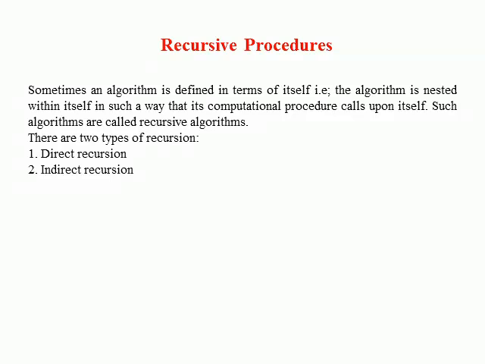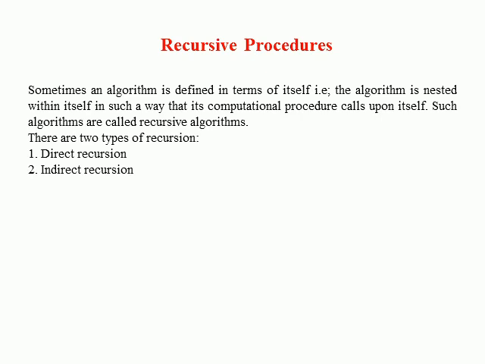Recursive algorithms may be implemented by having a procedure call itself. There are two types of recursive procedures, direct recursion and indirect recursion. In direct recursion, when the same procedure is called a number of times, it is called direct recursion.